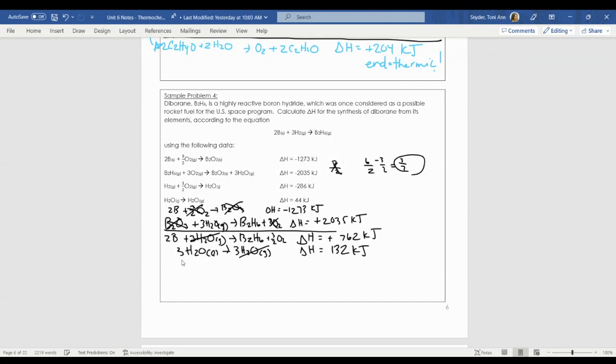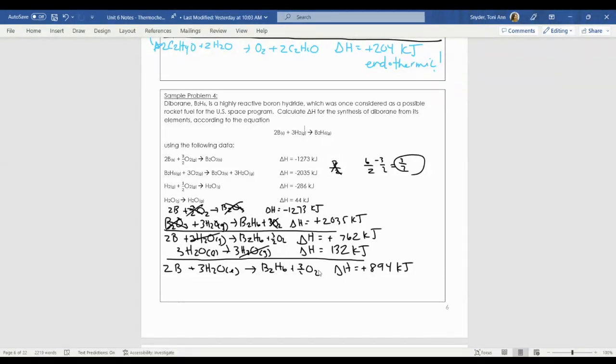This cancels out my 3 gaseous water molecules, and I have 2B plus 3 H2O liquid gives me B2H6 and 3 over 2 O2. When I add those two together, my delta H would be positive 894 kilojoules.